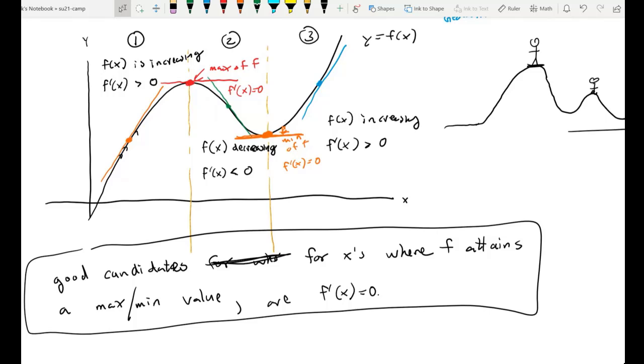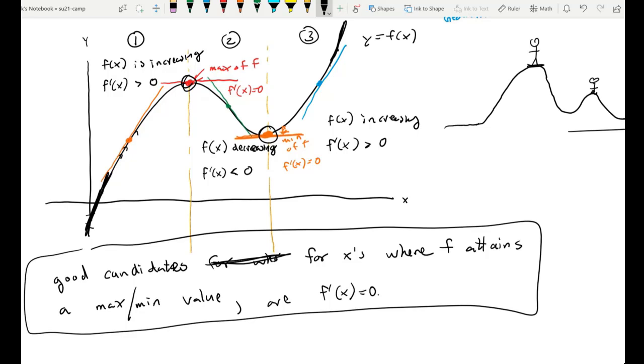Okay. But I don't have one set answer for you about how you determine. Like in this picture, we can obviously see that our peak over here and our trough over here are not global max and min, respectively, because, as you mentioned, the function takes on lower values and higher values somewhere else.